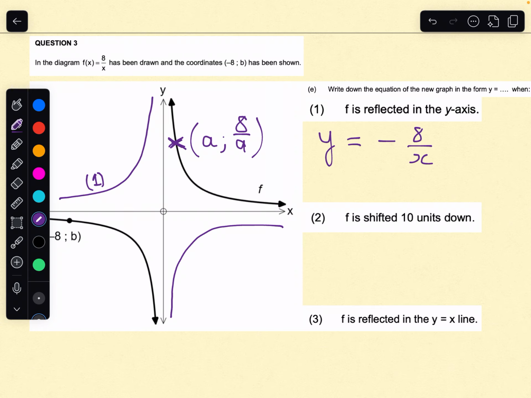So if you think about what the image of this point is going to be when you reflect just that point in the y-axis, it's going to be negative a, and the y coordinate will be the same, 8 over a. So it's just the x coordinate that's changing.